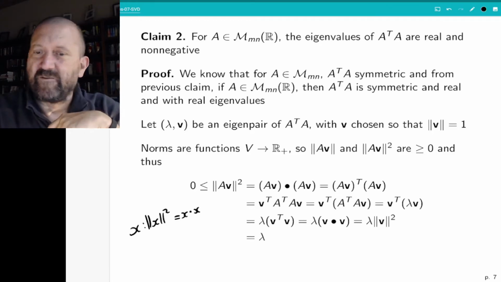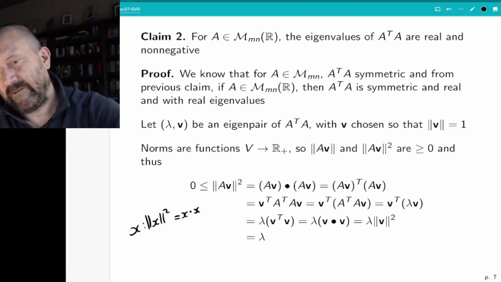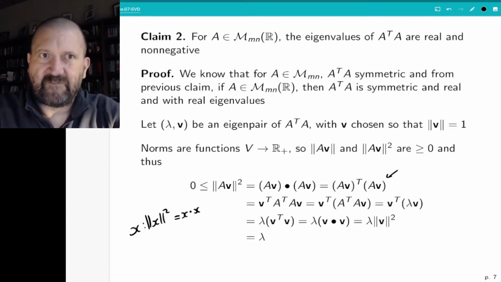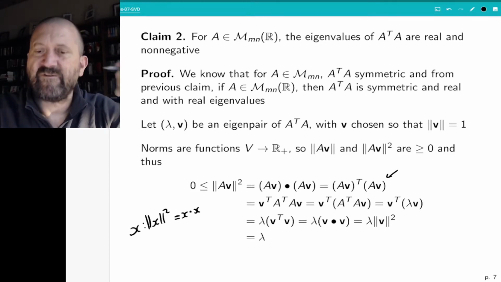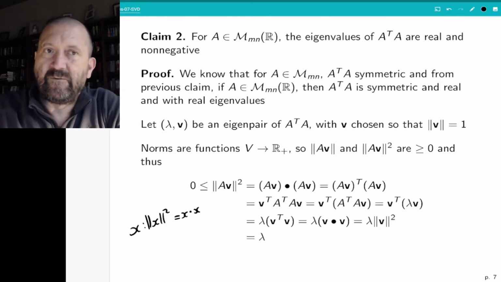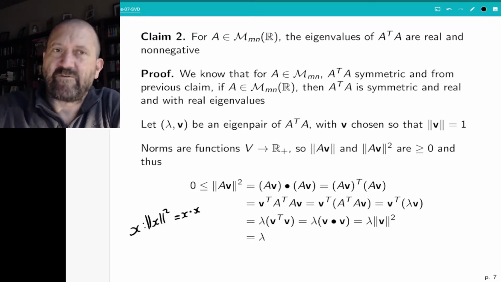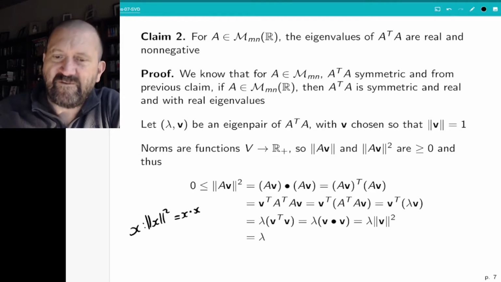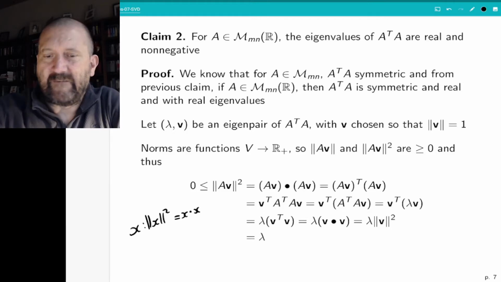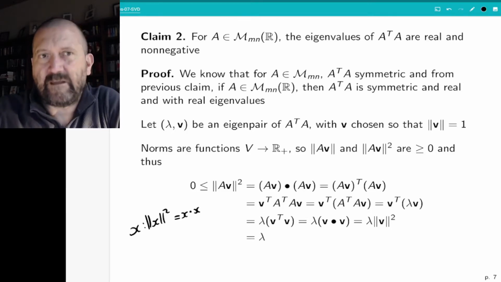So AV dot AV is actually the same thing as (AV) transpose times AV. Now let me develop (AV) transpose. (AV) transpose is V transpose A transpose. So this product is V transpose A transpose AV.